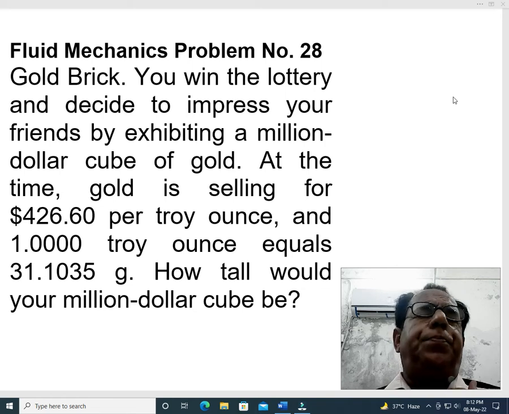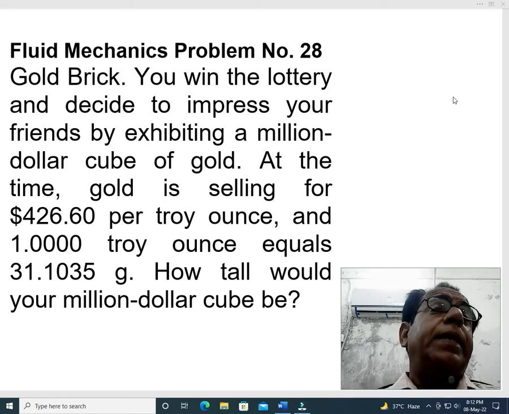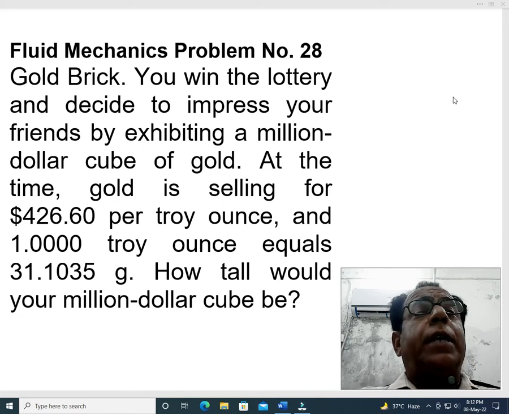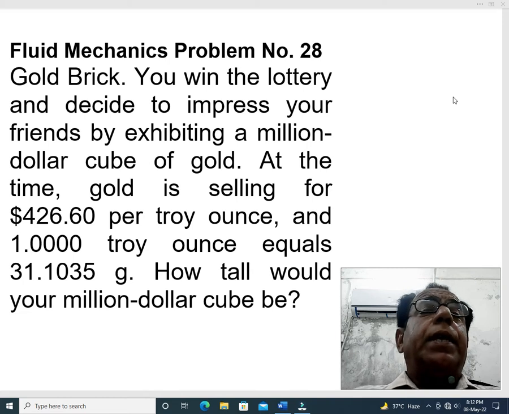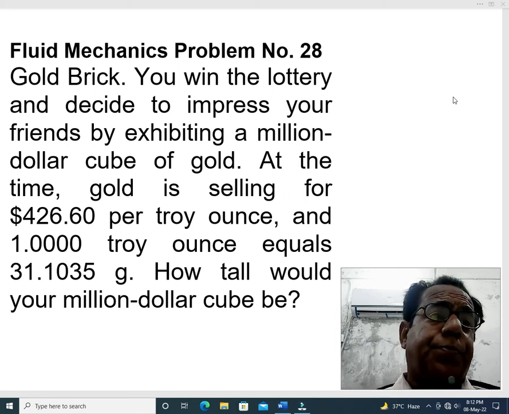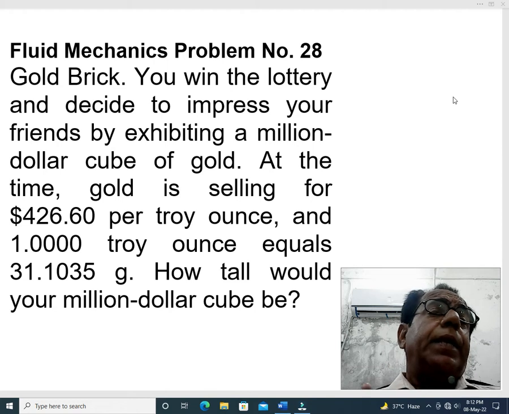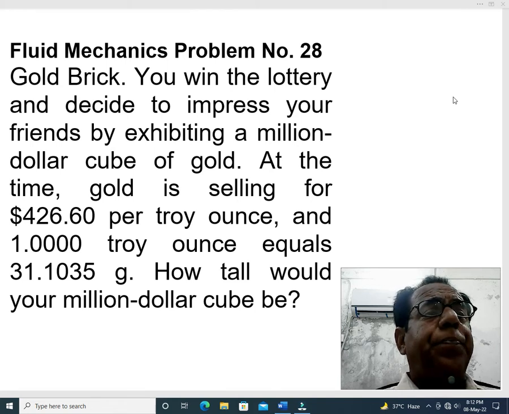Dear students, our strategy will be that actually two costs are given. From one cost we will find the value of 1 gram.